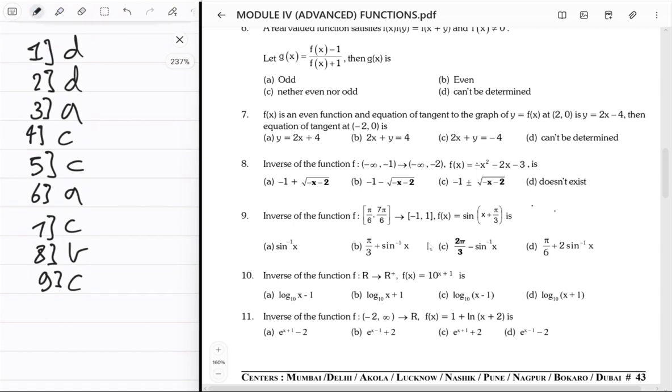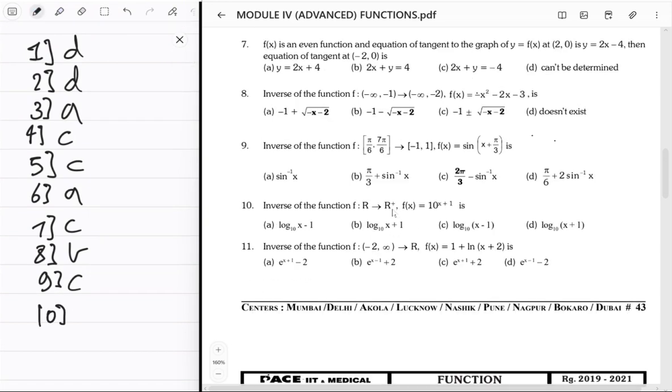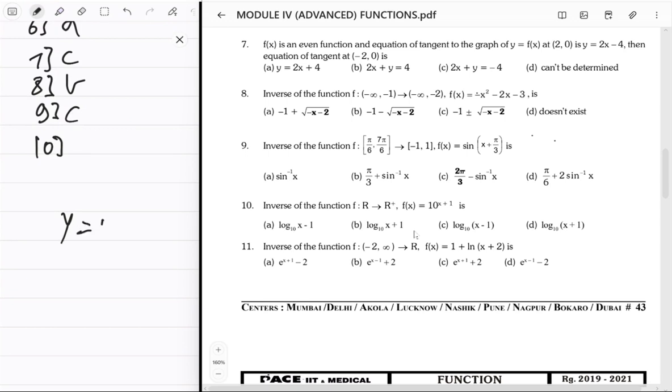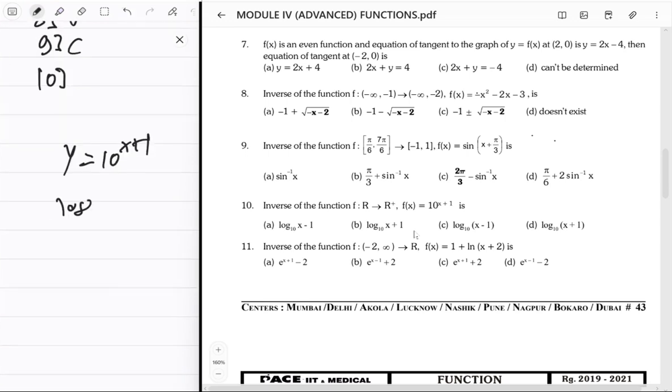Tenth question. What is the inverse of the function from real to real, f of x equals 10 power x plus 1? You want the inverse of this function? It's not that hard actually. If you have y equal to 10 power x plus 1, there's only one thing that can happen. Log base 10 of y is going to be equal to x plus 1.